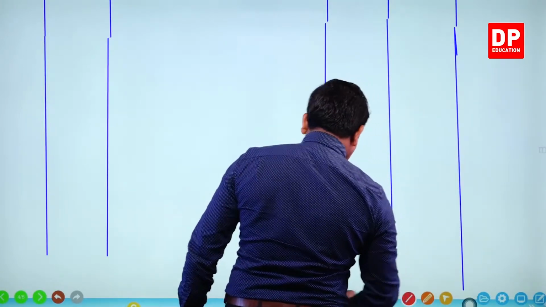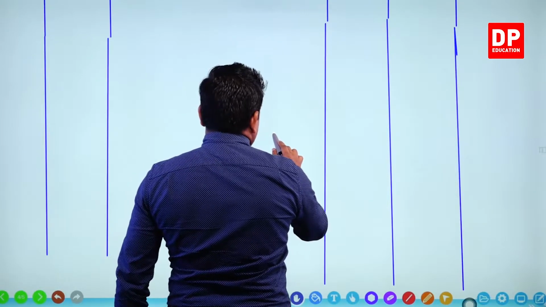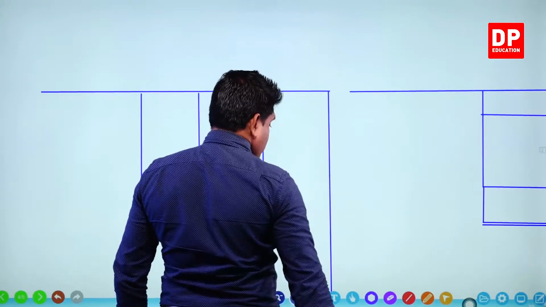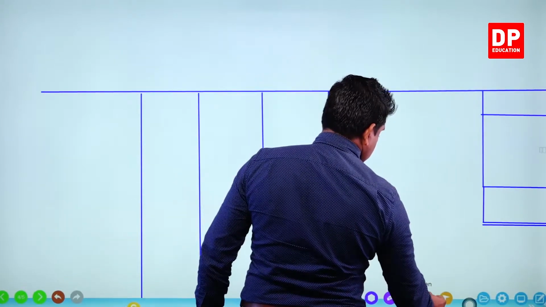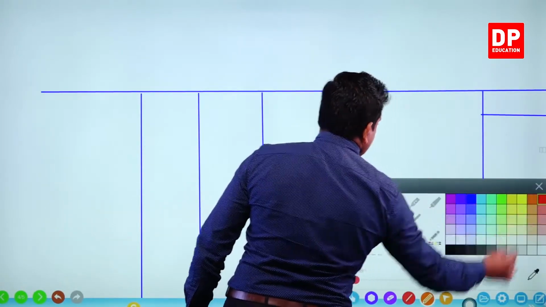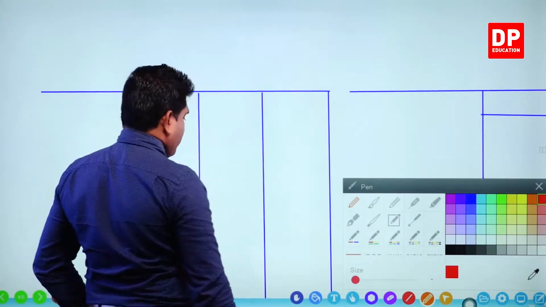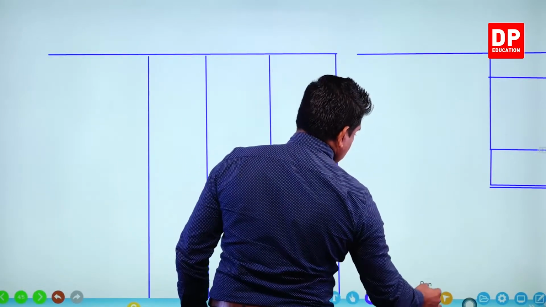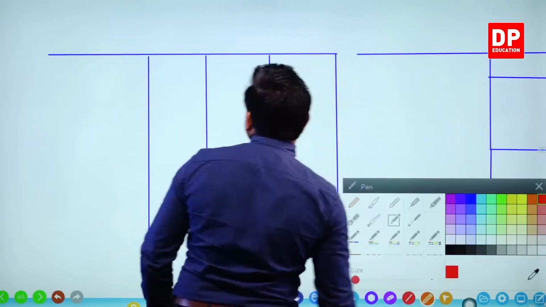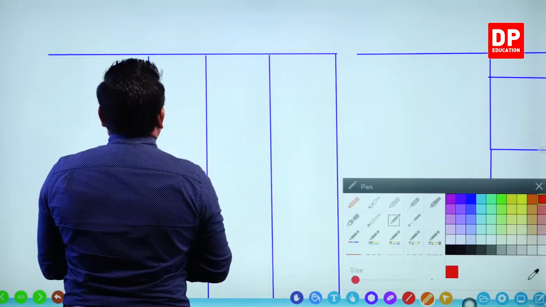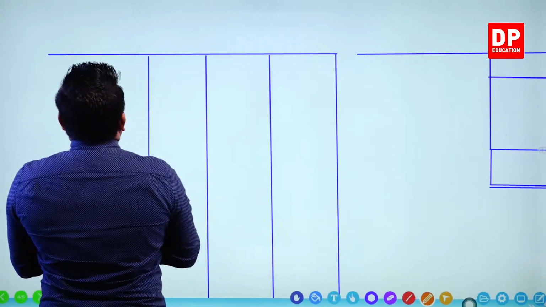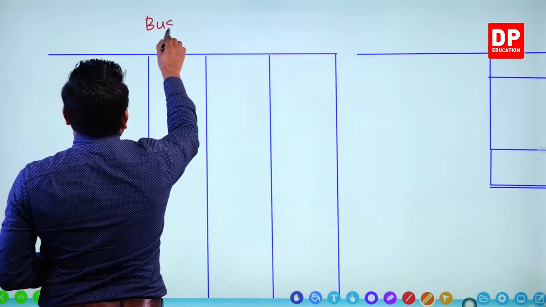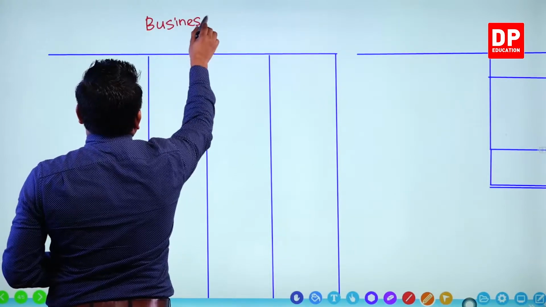Okay, now we can classify. On the top we write the name of the business, the time period and the name of the account. The business name is not given, so you give the space.